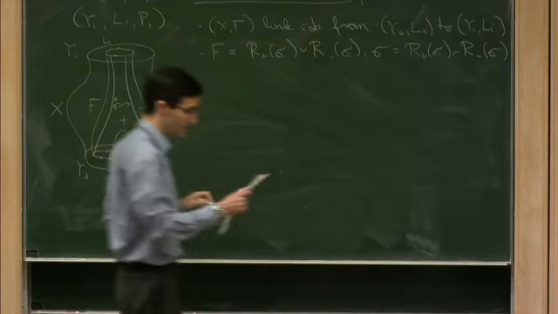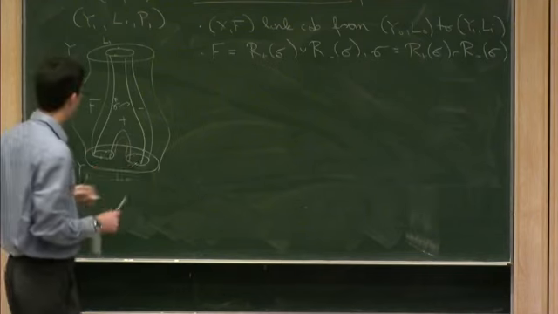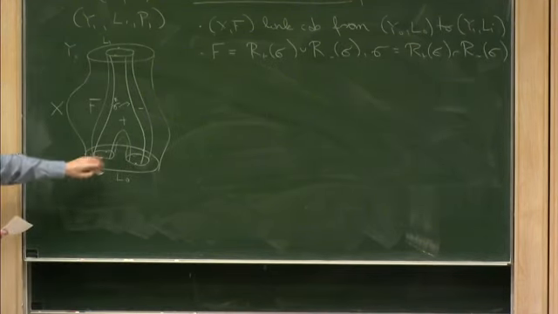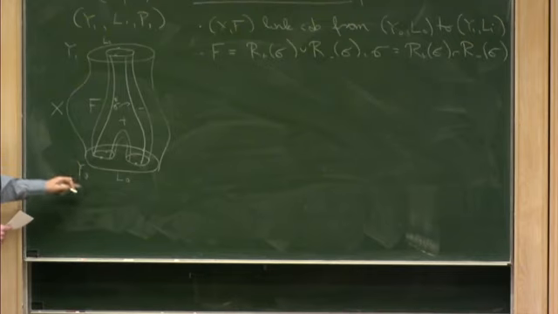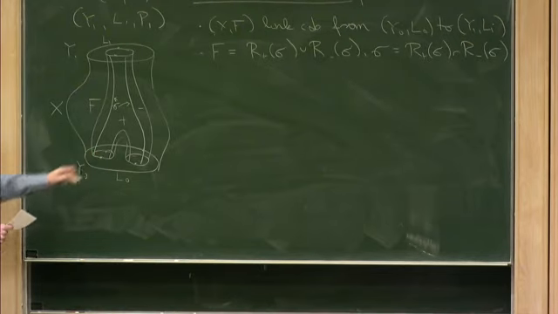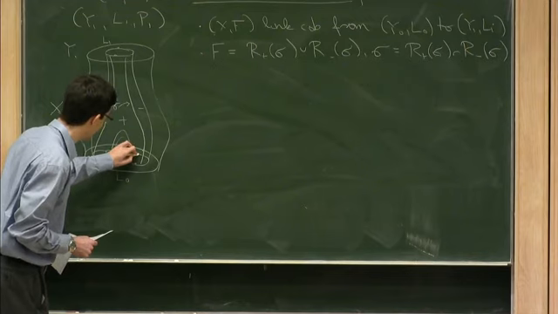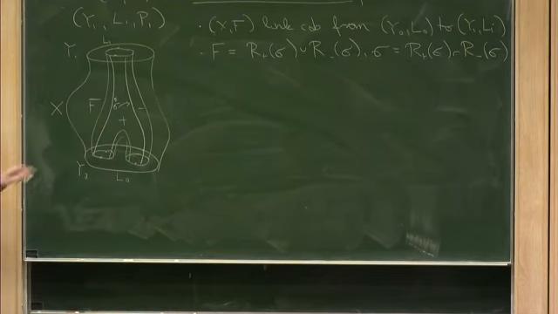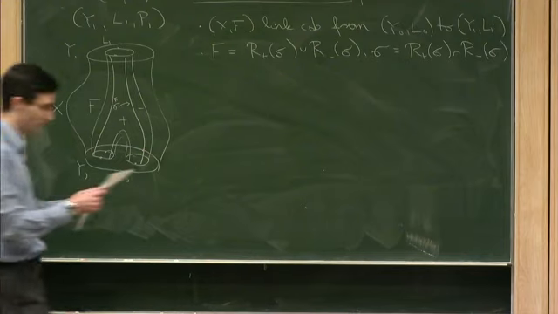Okay, and the endpoints of sigma separate these marked points P0 and P1 on the link components.